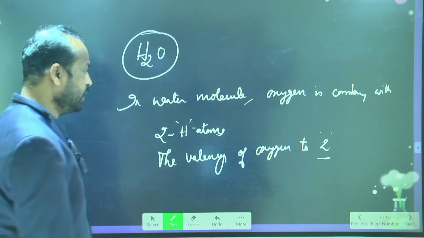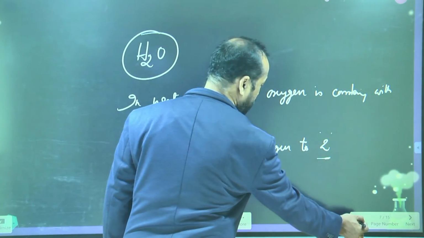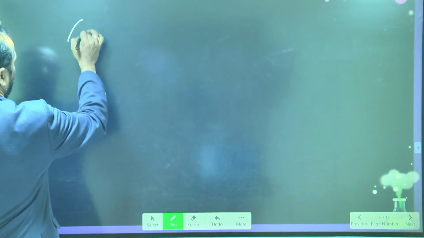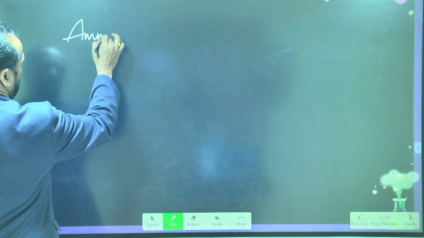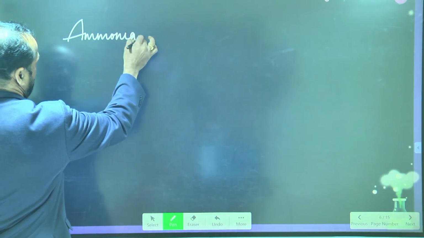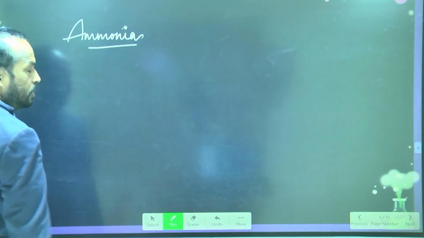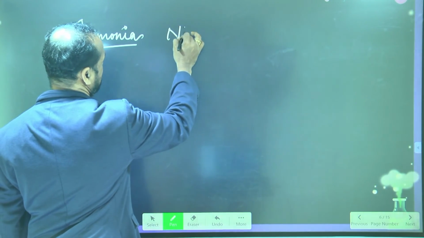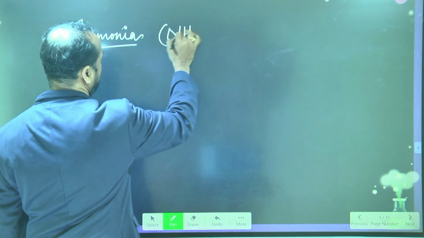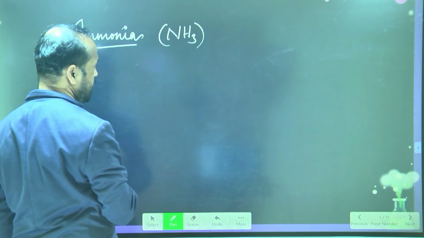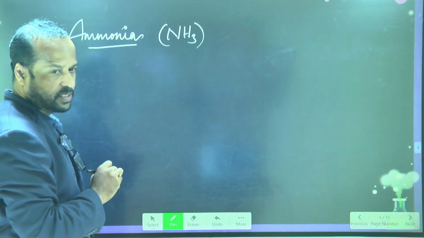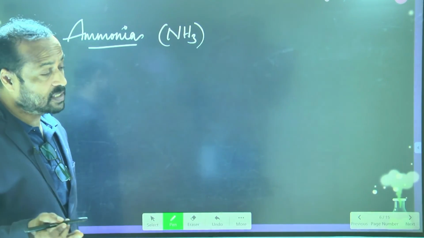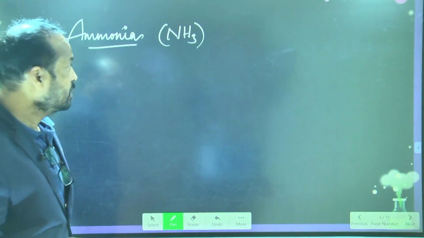Now, similarly, do you know the formula of ammonia? Ammonia formula is NH3. In ammonia, nitrogen is combining with how many hydrogens? 3.